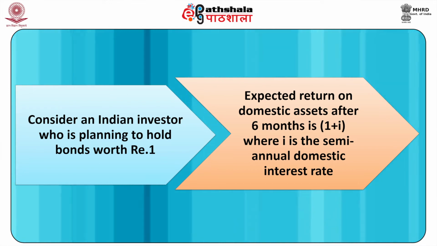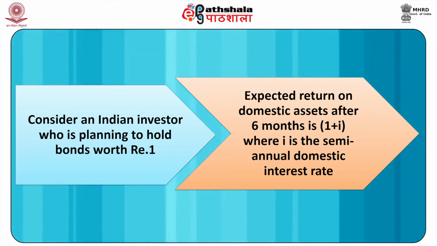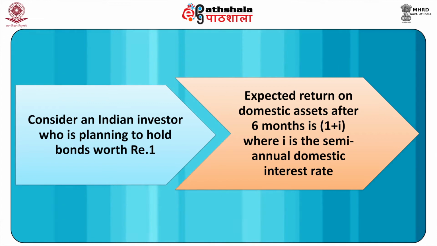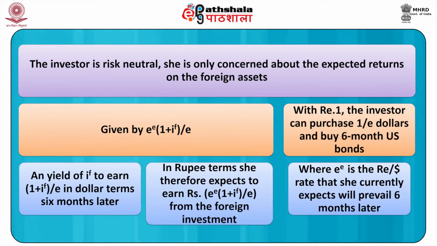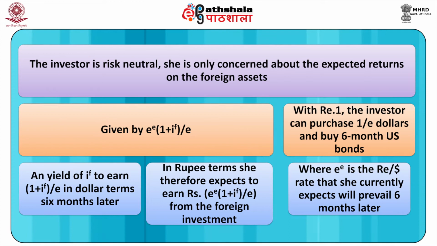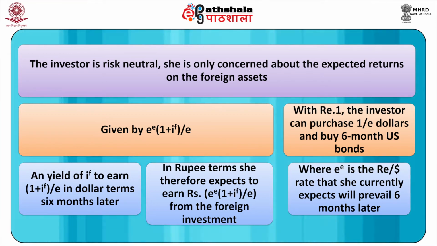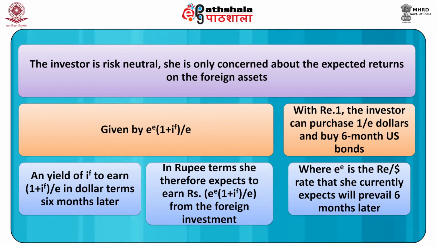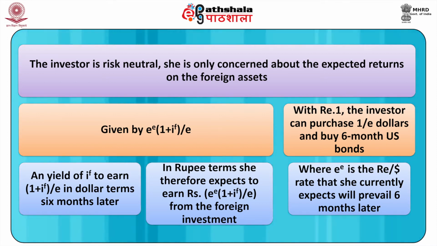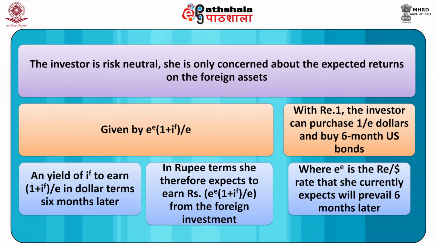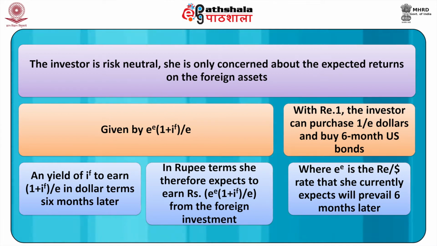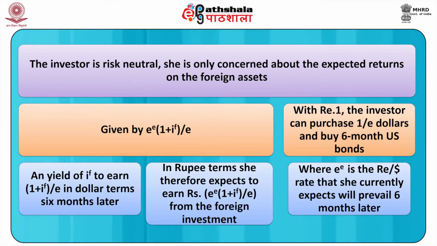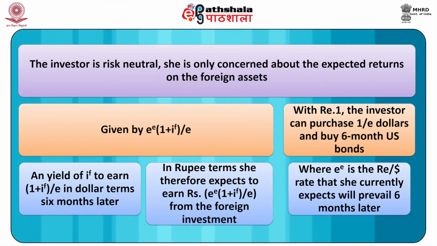The expected return on the domestic asset after 6 months is 1 plus i, where i is the semi-annual domestic interest rate. Since the investor is risk neutral, she is only concerned about the expected returns on the foreign asset. This is given by e raised to power e within bracket 1 plus i raised to power f, divided by e. With 1 rupee, the investor can purchase 1 by e dollars and buy a 6 months US bond with a yield of i raised to power f to earn 1 plus i raised to power f divided by e in dollar terms 6 months later.